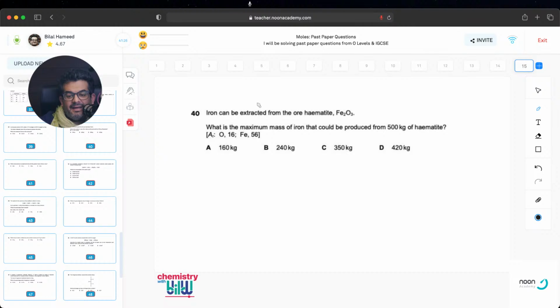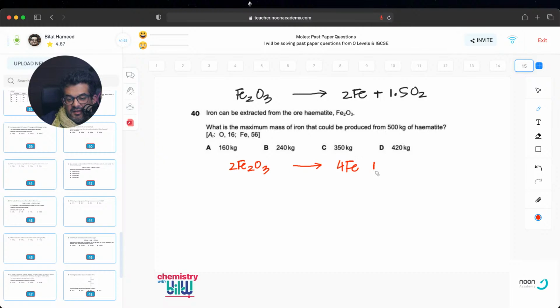Okay, so iron can be extracted from the ore hematite. Let's say I give you the equation. Fe2O3 becomes 2Fe and 1.5 O2. And if you don't like the 1.5, then you can use the equation 2Fe2O3 becomes 4Fe and 3O2.